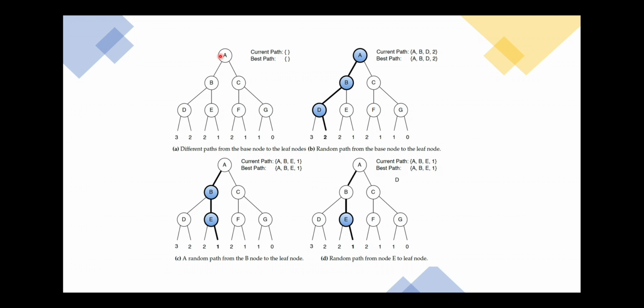The first time we make a random path A, B, D, and the weight of this path is 2. Initially the current path and best path lists were empty, and because this is the first time we find something, we save these values in the current path and again in the best path.